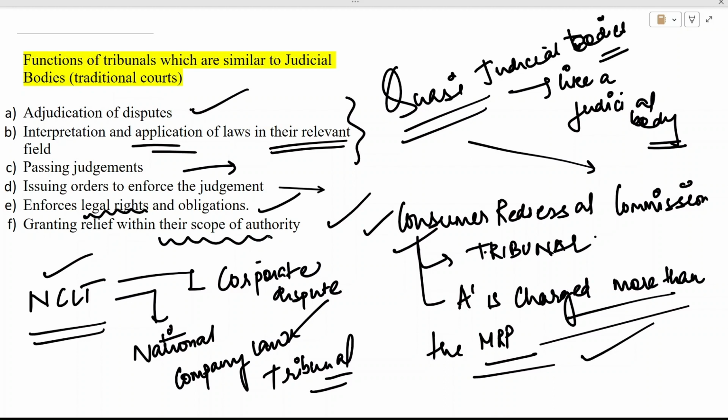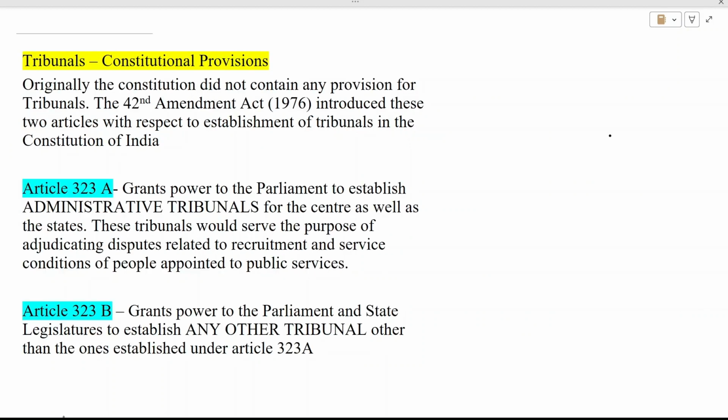Maybe the NGT, if it comes to the conclusion that yes, in fact, the company is polluting the rivers by its industrial discharge, then they can ask the company to compensate for it, maybe by cleaning up the rivers, maybe by doing some water treatment activities. All right. So, any relief which can be granted within their scope of authority. And even the courts do the same thing, right? When a matter goes to a court, then the court gives some kind of relief to an aggrieved party.